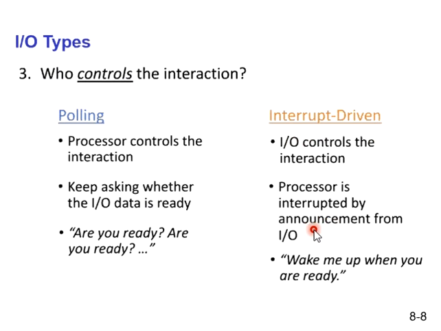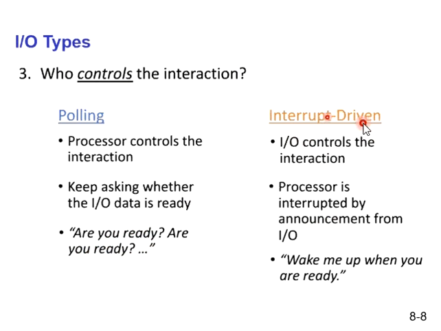The last one is who controls the interaction. We have two ways: the first, polling, the second, interrupt-driven. For polling, the processor controls the interaction, and we always ask if the I/O data is ready. We can ask many times: are you ready, are you ready, are you ready?